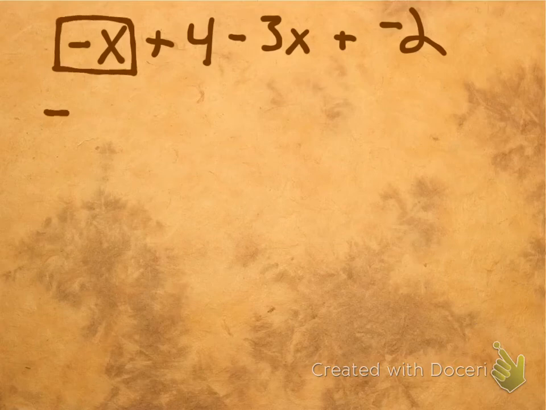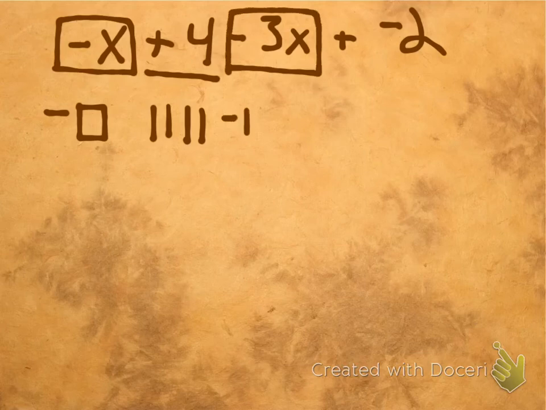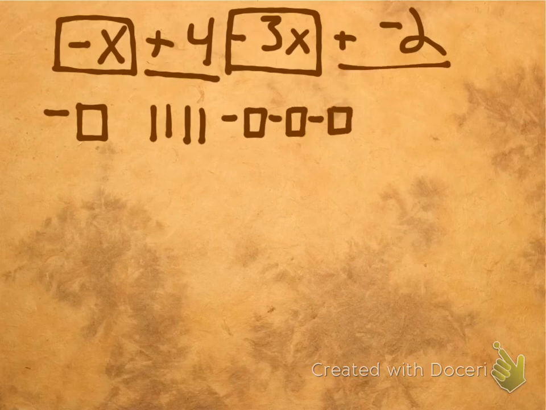To draw that, we're going to put a negative box. Next we have positive 4. That's just 4 dashes. There's no variable, so it's just a regular number. Next we have minus 3x, so we need 3 negative boxes. Finally we have plus a negative 2, so that would be negative dashes because it's negative 2.